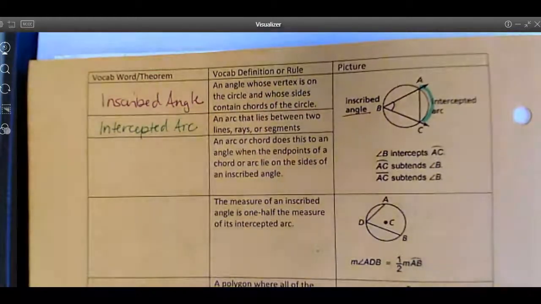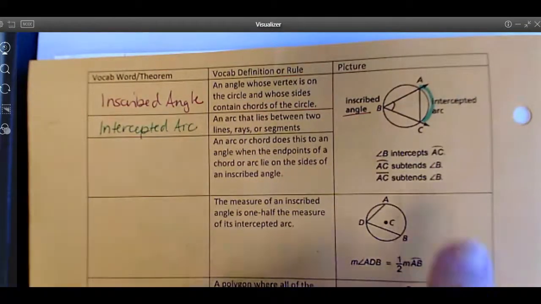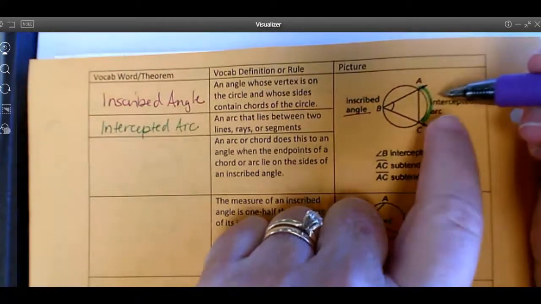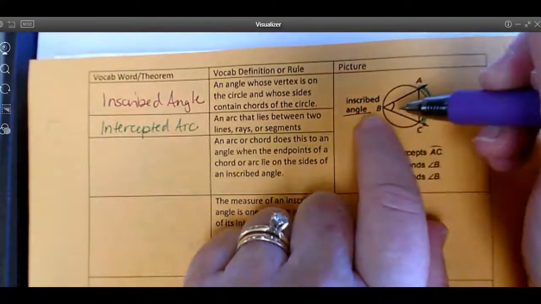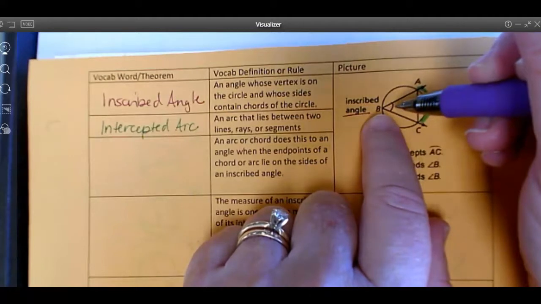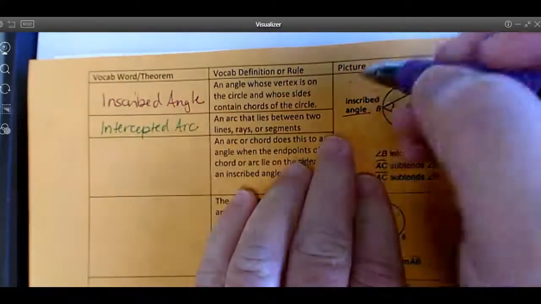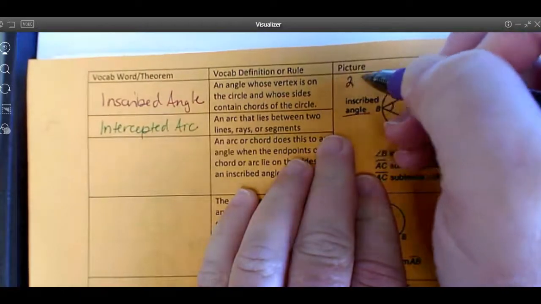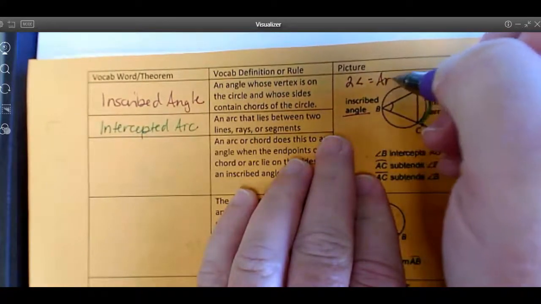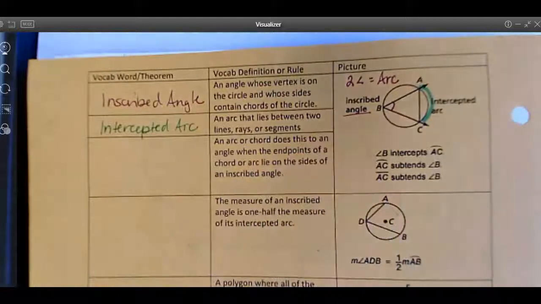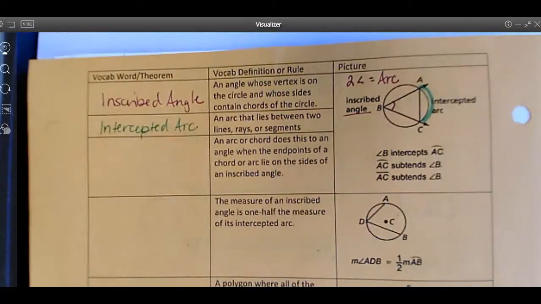I will tell you that this arc is always twice that angle. It's not equal like it is on the central angles. Okay? So if you do 2 times the angle, you'll get the arc. And so that's different from central angle.